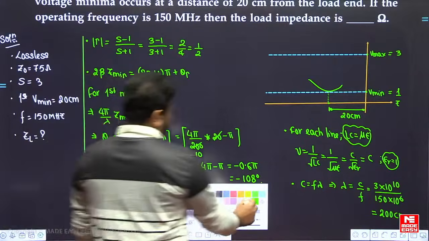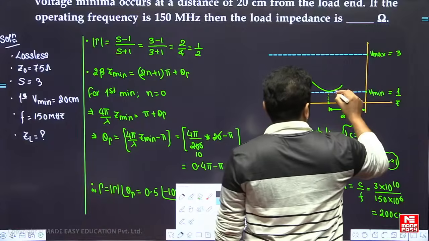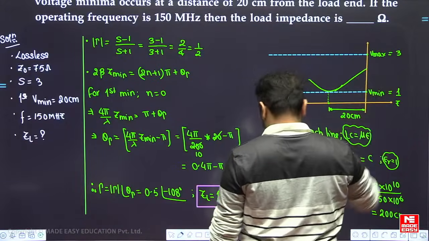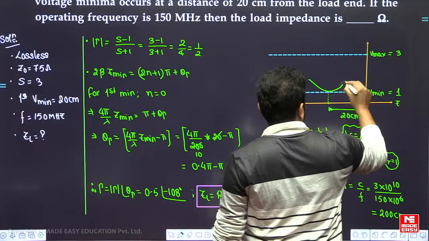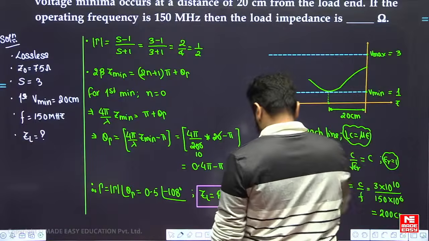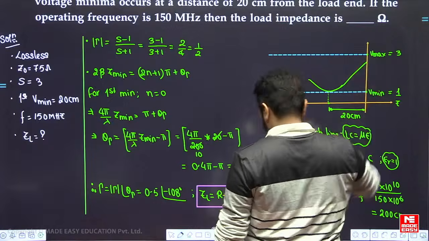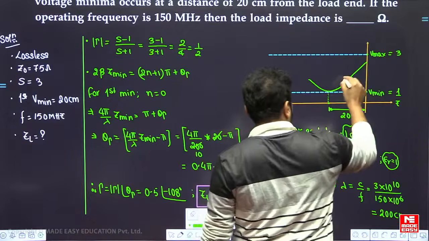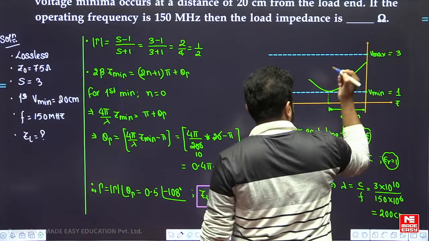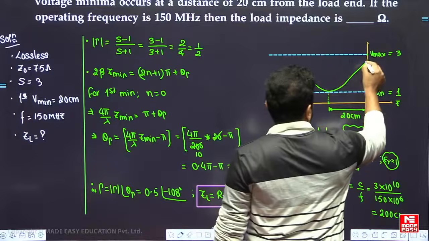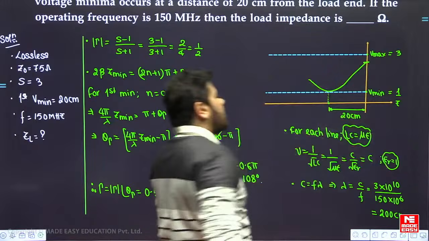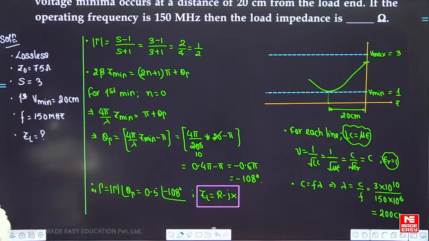If I extrapolate this graph, it is going to hit somewhere here, right. If I produce this graph, it is going to cut somewhere here, so this is the graph of load R minus jX, okay.